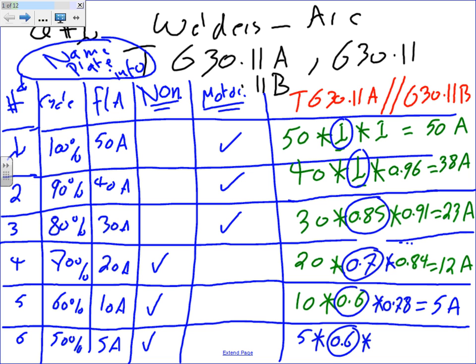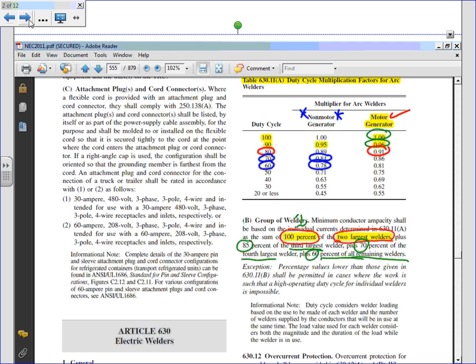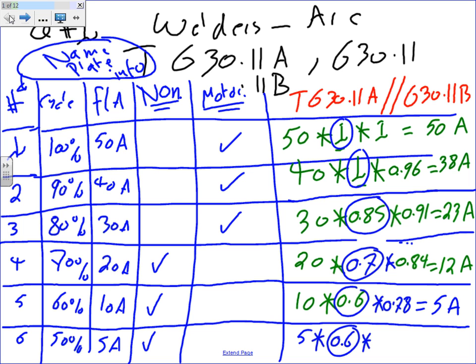For 50 cycle, I'm going to go back to the table. 50 is right here, and my factor for a non-motor is 0.71. Does that make sense? 0.71. And that will get you a healthy 2 amps. Unreal, huh?